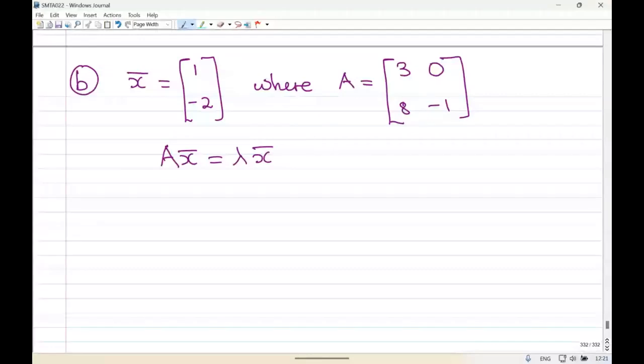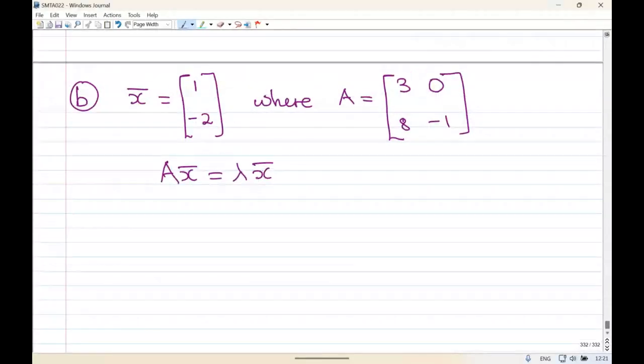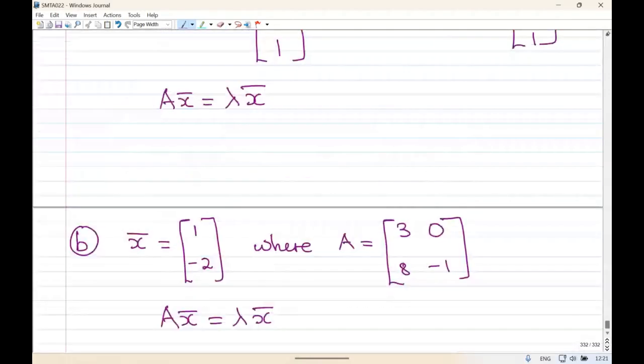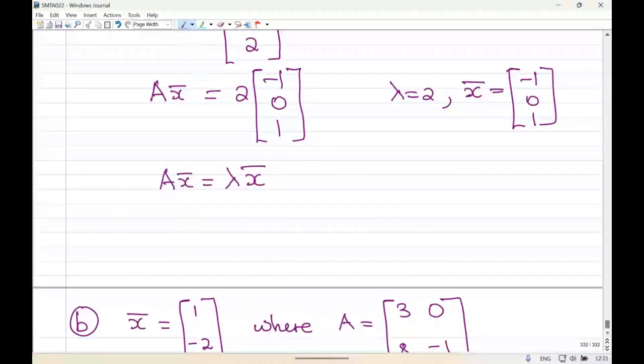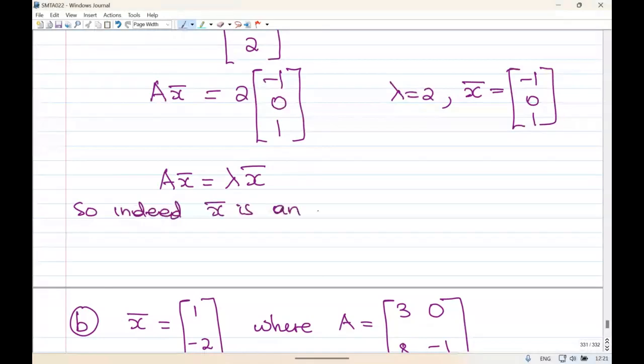Yes, sir. So before we go there, maybe you can conclude here on the previous example and say what? Indeed, your x bar is an eigenvector.